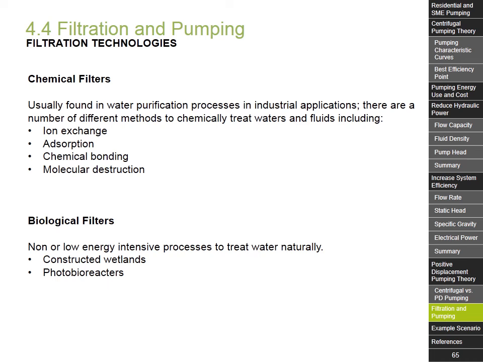In this instance, as with sand and cartridge filters, kilowatt hour use per annum can be calculated simply from kilowatt consumption, usually rated on the pump itself, and time of use. More uncommon are biological treatment filters, such as constructed wetlands or photobioreactors, which use non- or low energy intensive processes to treat water naturally.